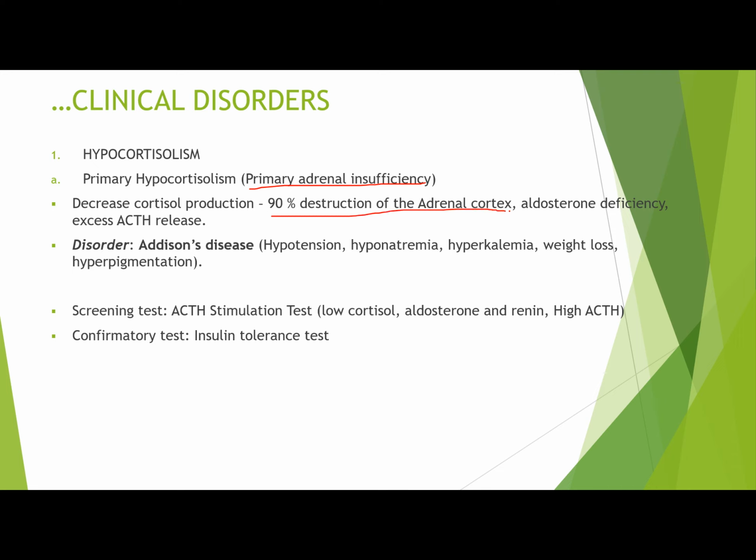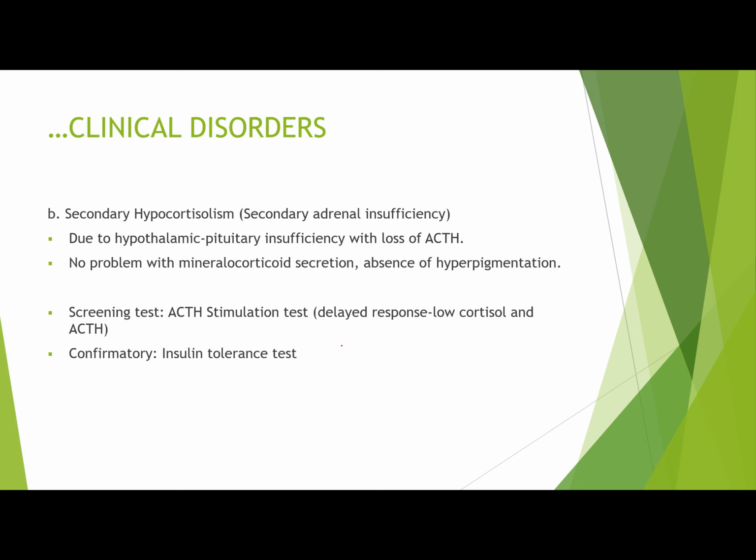Characterized by Addison's disease class. Hypotension, hyponatremia, hyperkalemia, weight loss, hyperpigmentation. Screening tests, ACTH stimulation tests, low cortisol, aldosterone, and renin, high ACTH. Confirmatory test class is insulin tolerance test.